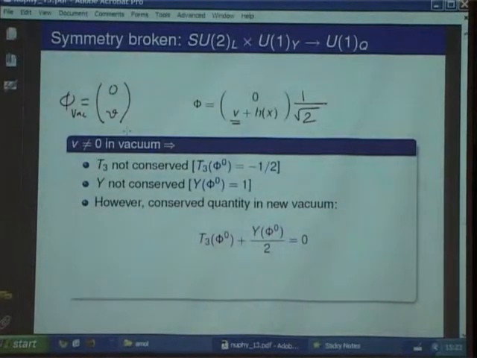This means that my T3 is not conserved in vacuum. Similarly, Y of Higgs is plus 1. Therefore, Y is not conserved.